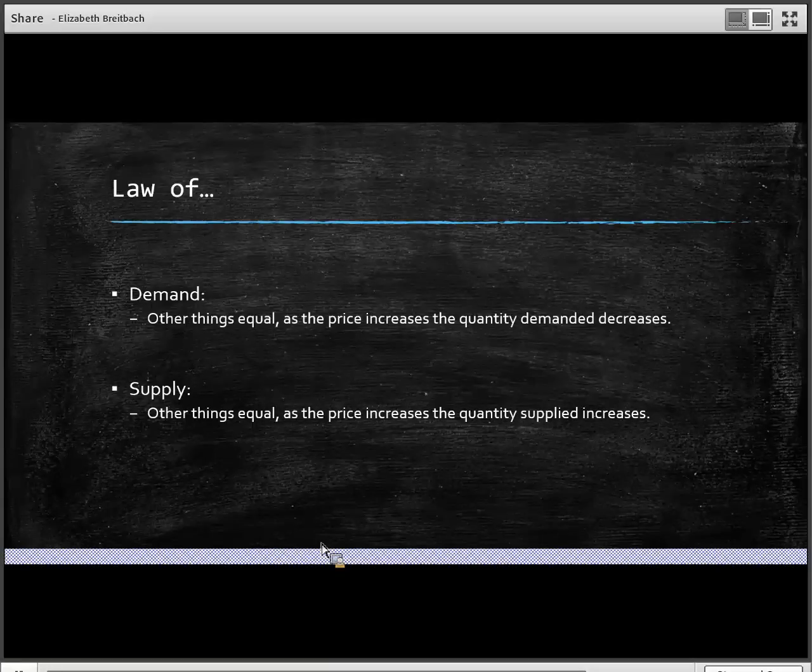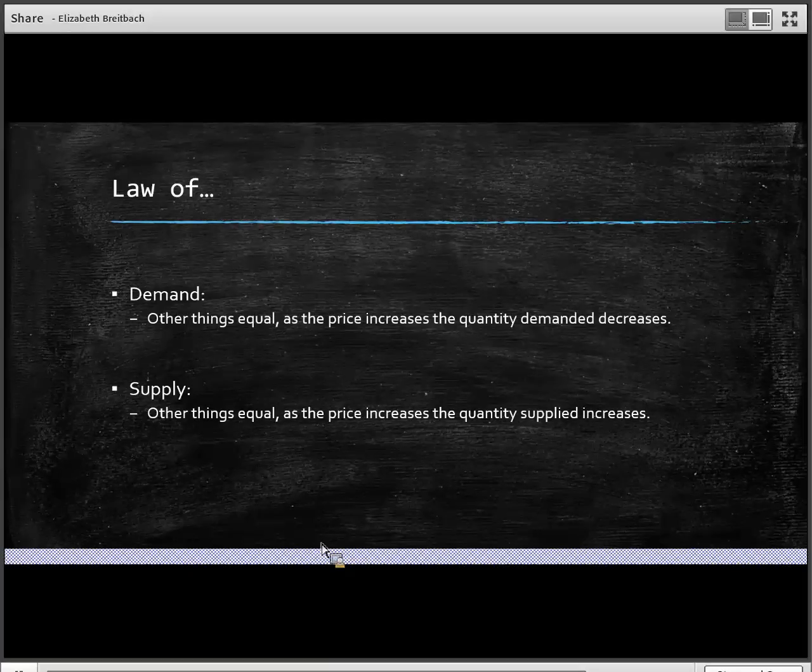And so we've only focused on the price of a product. So let's assume that we're in the market for apples, and we talked about, as the price of apples changes, how do consumers respond and how do producers respond by changing the quantity that they demand or produce.